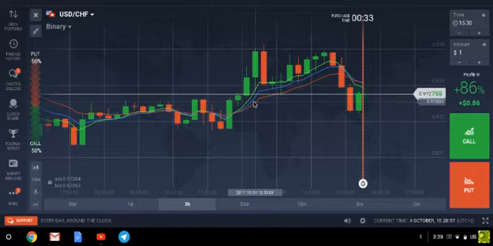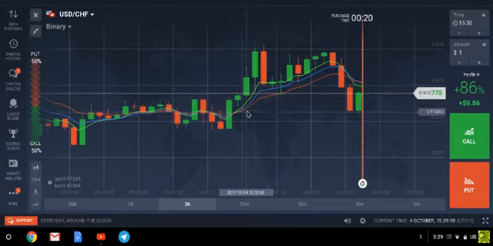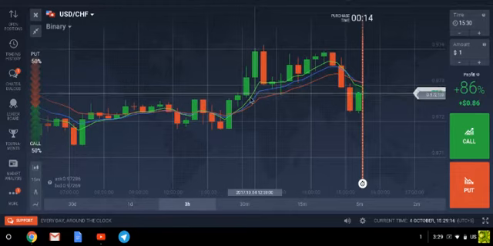Like here you can see the green one is up, the 8 one is in the middle, and the 13 one is at the bottom. So you can trade here, and the direction is upward. The green one is upward and the red one is downward, and in the middle is the 8. So you can trade upward.